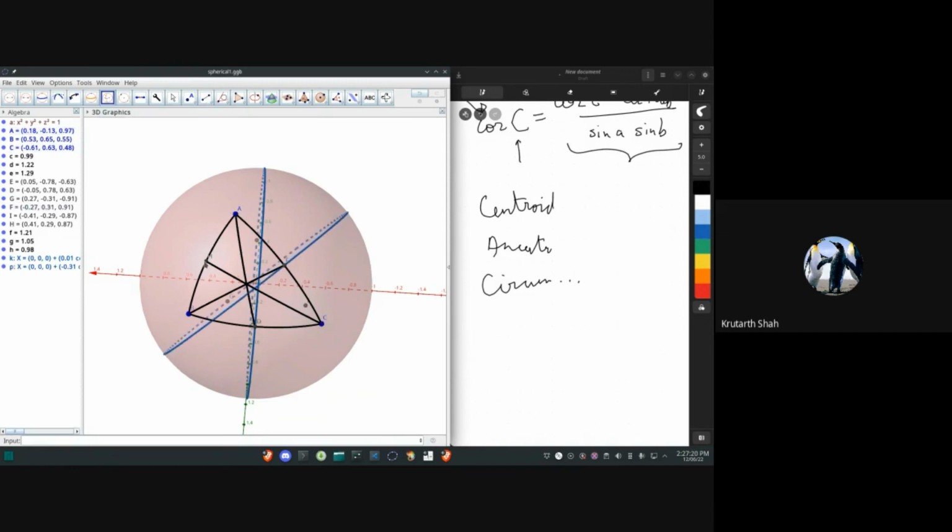It's not trivial, but its proof is similar to what we do in normal Euclidean geometry. These are the perpendicular bisectors, by the way, the blue lines. And again, a circle is nothing but a circle on the sphere. So that is trivial, but you have to show that the circumcenter in spherical geometry exists.